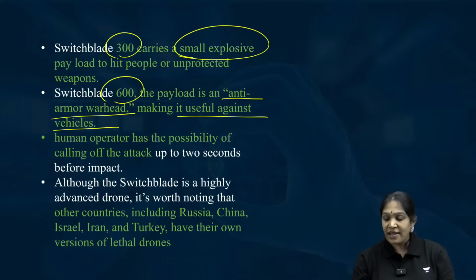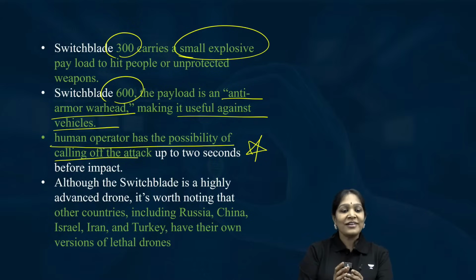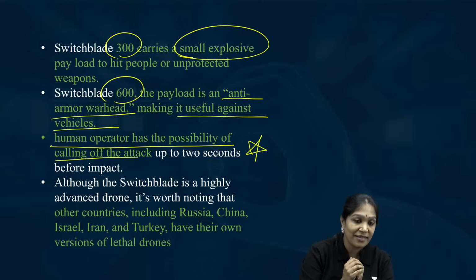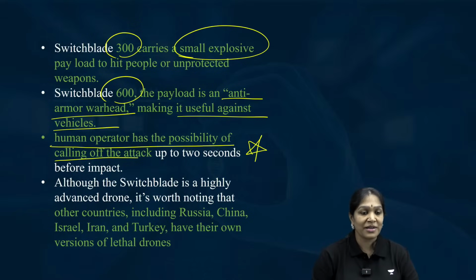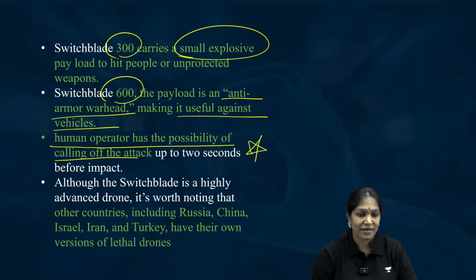Next, a very important point. A human operator has the possibility of calling off the attack. For example, suppose you thought it was military personnel, but it happened to be a kid. You have misunderstood, so you have to call off the attack.